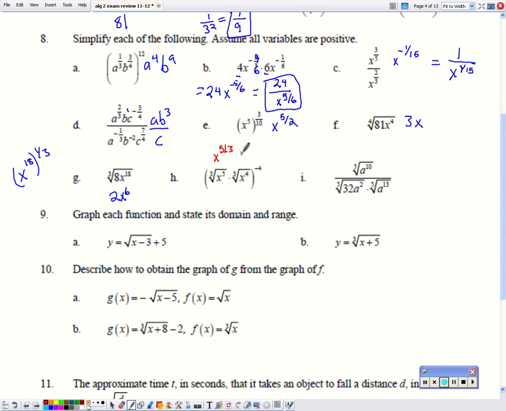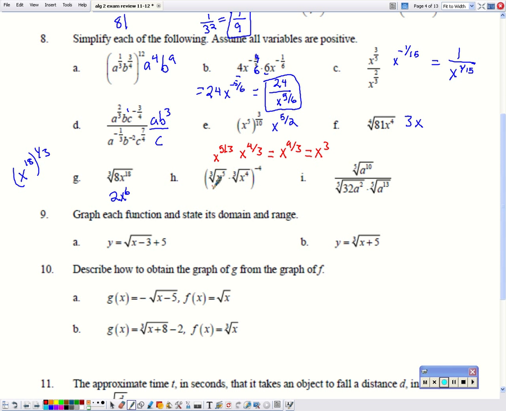Then I have x to the 4/3. That's not so bad because now I can add these together and I get x to the 9/3, sorry. Ooh, 9/3, that's great because 9/3 is just 3. This problem's getting better already.